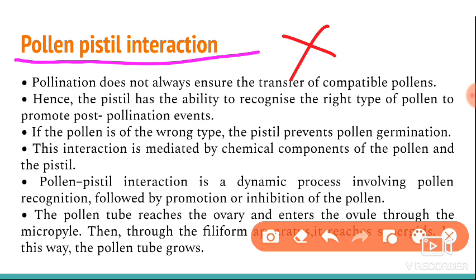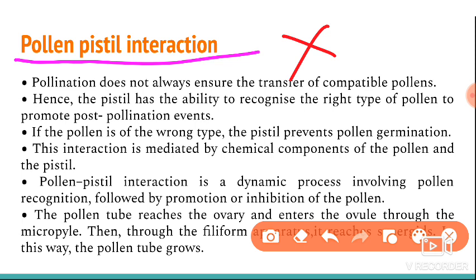They require pollen grains from the same species. For that, there is an interaction just to identify whether it belongs to the same species or a different one, or just to avoid inbreeding depression. For example, self incompatibility. Okay, for that purpose this pollen pistil interaction occurs.